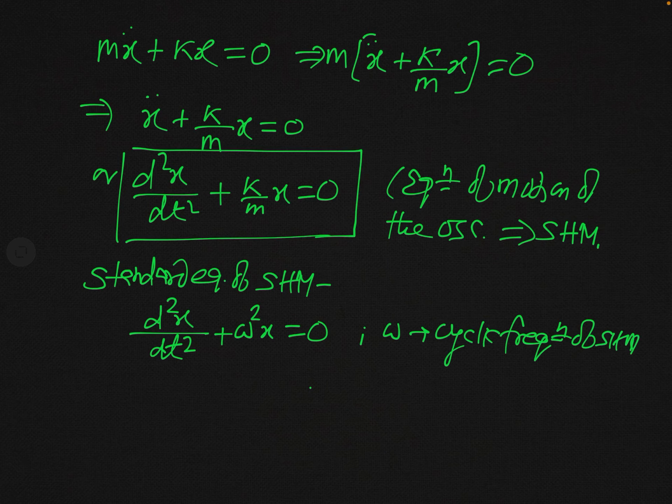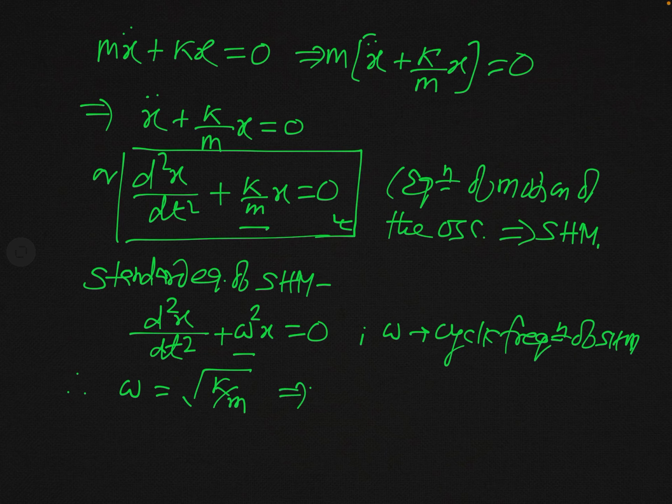So when you compare this equation of motion of the linear harmonic oscillator with the equation of SHM, you can easily recognize that omega square is equal to k over m. So comparing these two results, omega will be equal to the square root of k by m.